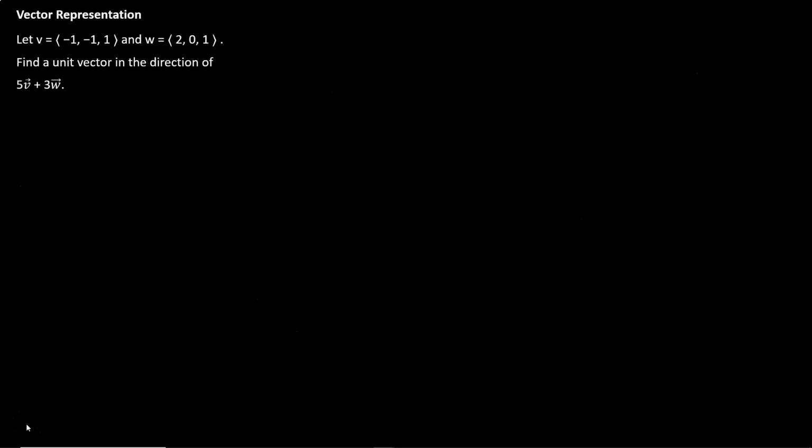We're going to step it up just a little bit. We're working again with a given vector v, a given vector w. We're asked to find a unit vector that points in the direction 5v plus 3w. So the first thing we need to do is find what 5v plus 3w is, and then we can find the unit vector.